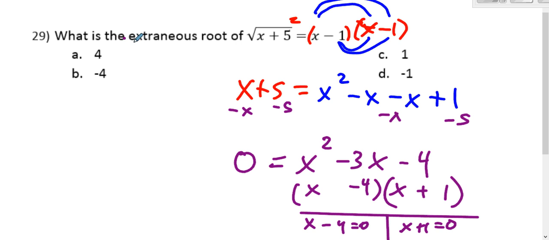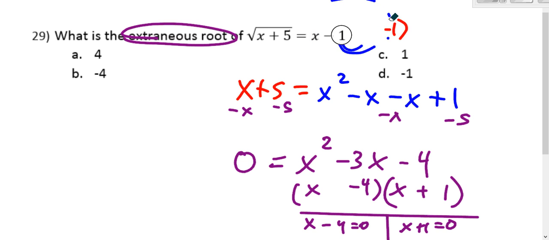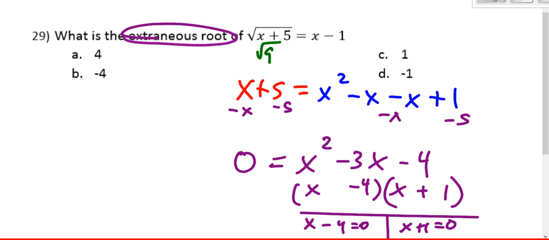Again, it asks for which one's the extraneous, which means which one doesn't work when you plug it back in. So plug in the 4, you get square root of 9. And plug in the 4 on the right, you get 4 minus 1 is 3.